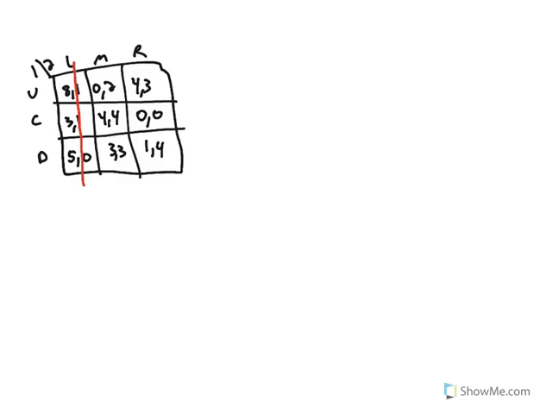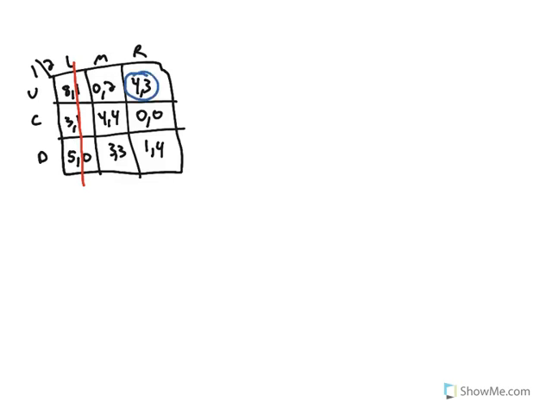Now, this game also has pure strategy equilibria, so you can go ahead and identify those if you like. It's a double underline exercise, you're just reasoning your way through. If player 1 plays U, player 2 plays R. If player 2 plays R, player 1 would play U. So UR is a pure strategy Nash equilibrium.